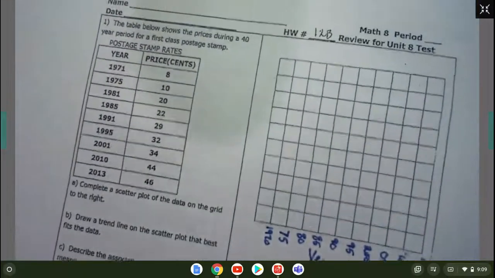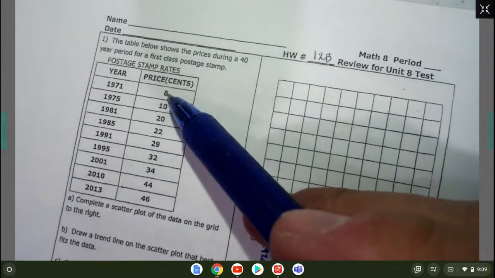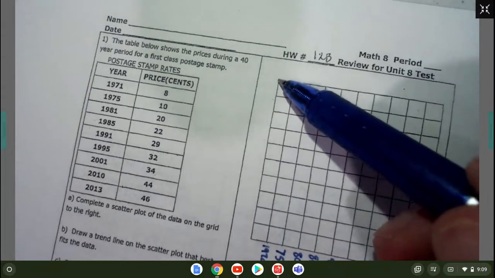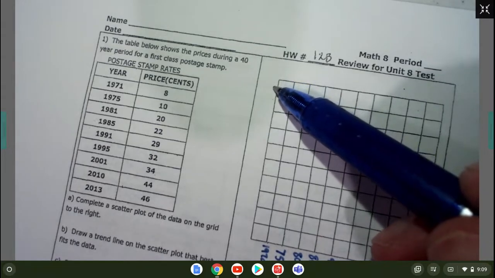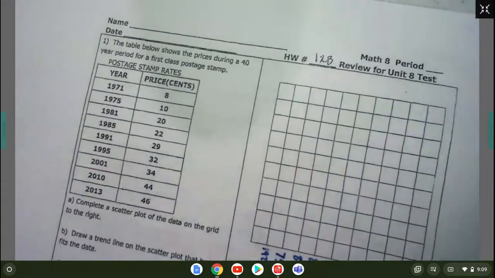All right. And then I need the prices. Prices are a little easier. I got 10 lines again, it looks like. My range of prices here is what? 38 cents in range. If I start at 0 here, go all the way up to maybe up to 50 would be good. I got to count by fives there as well.